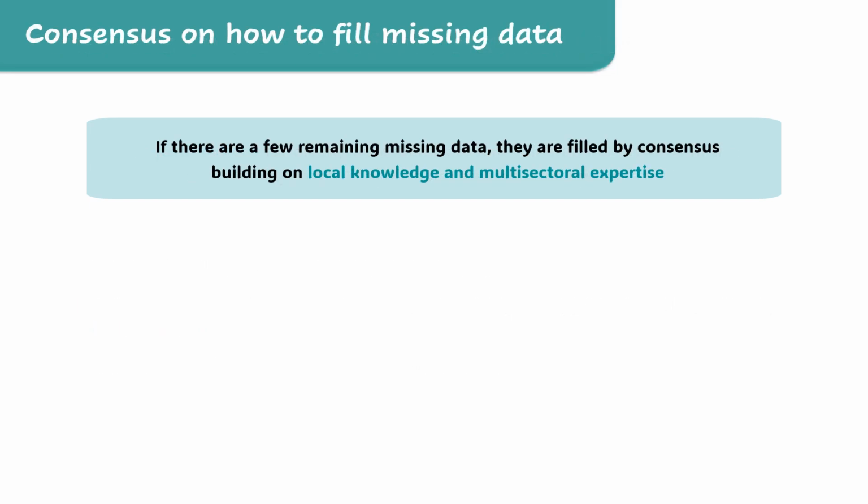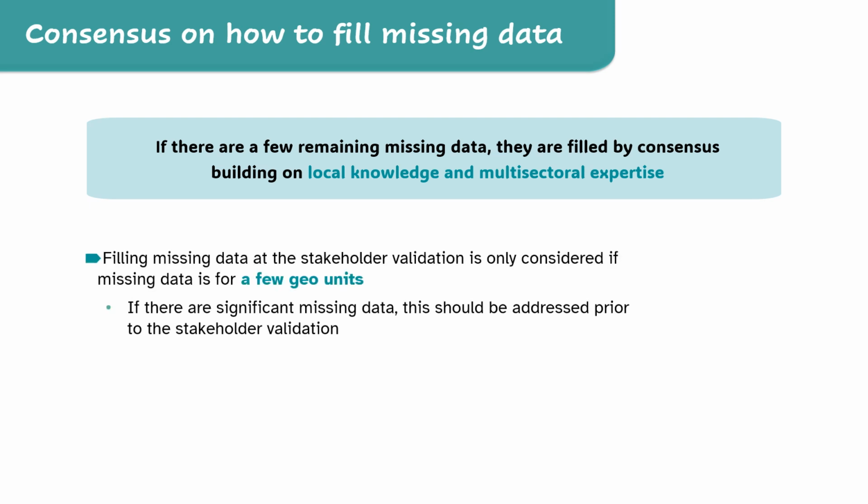If there are a few remaining missing data, they are filled by consensus at the workshop, building on local knowledge and multisectoral expertise. Filling missing data at the workshop is only considered if missing data is for a few geographic units. If there are significant missing data, this should be addressed prior to the stakeholder validation.